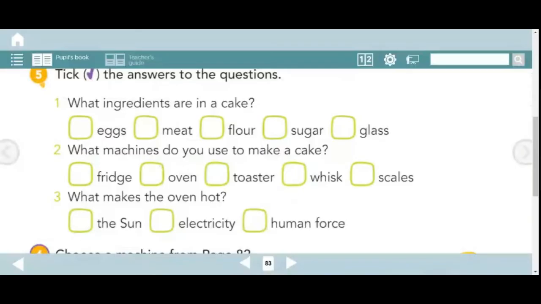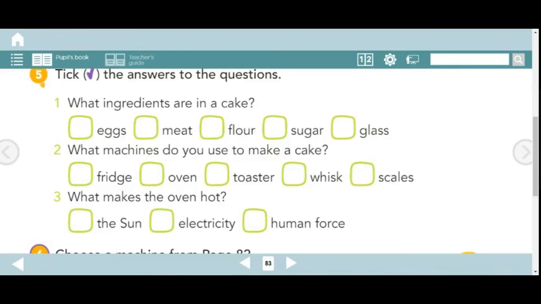Okay, so they are asking you what ingredients can we find in a cake. Do you think that we need eggs? You can ask your mother or your father or your grandpa or your grandma, up to you, or maybe your neighbors or one of your friends. So eggs, if you need eggs, tick. In a cake, can we find meat? If we can find meat, tick.